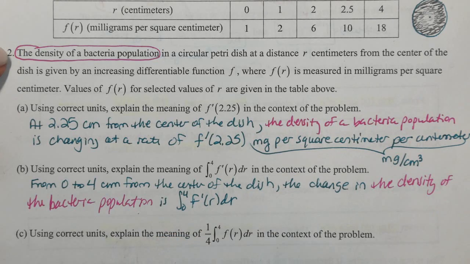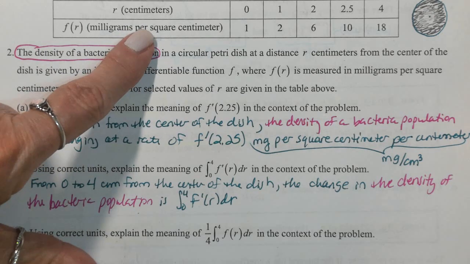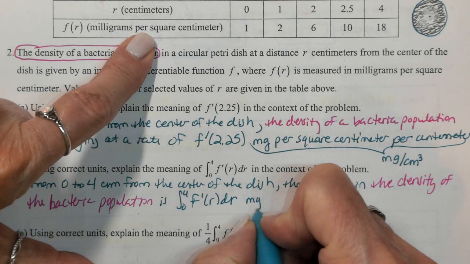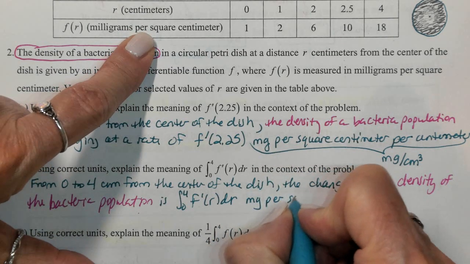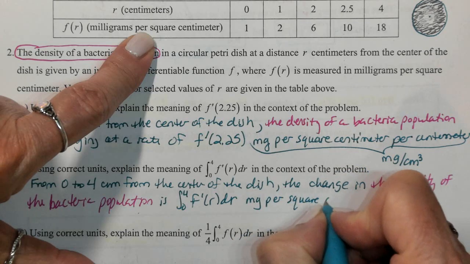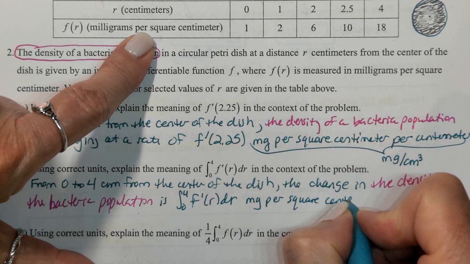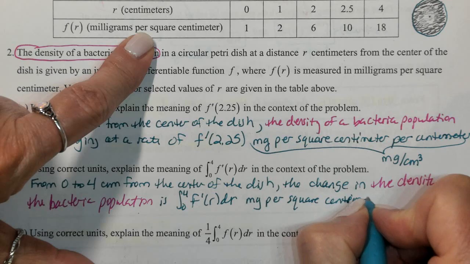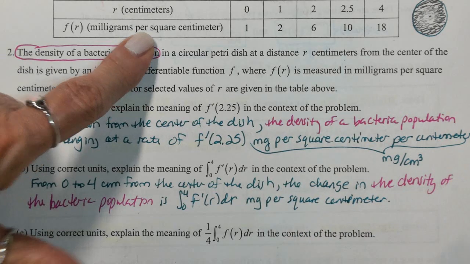And now units on that. This is just units of f, whatever f's units are. So milligrams per square centimeter. Okay.